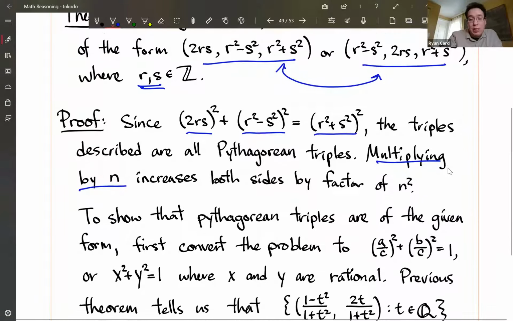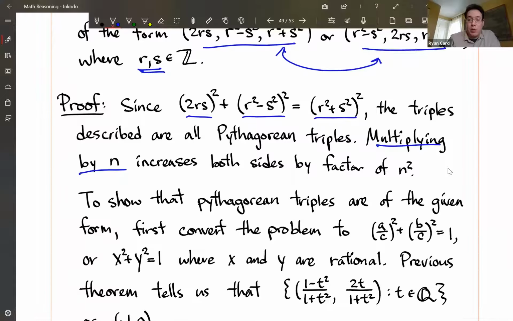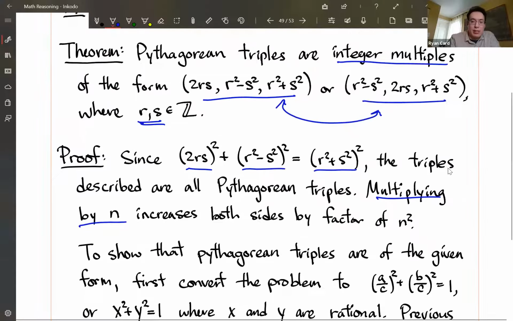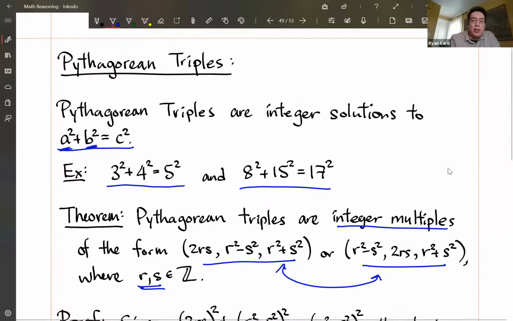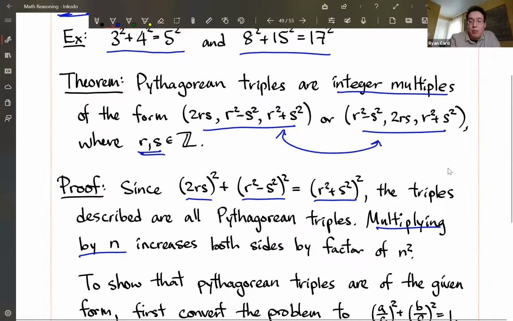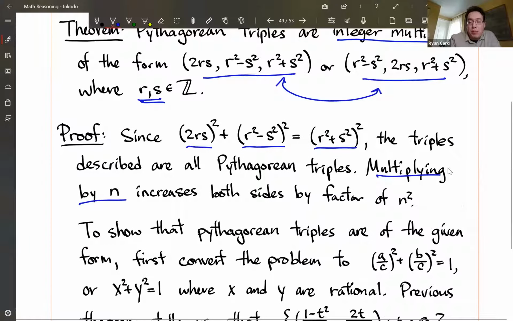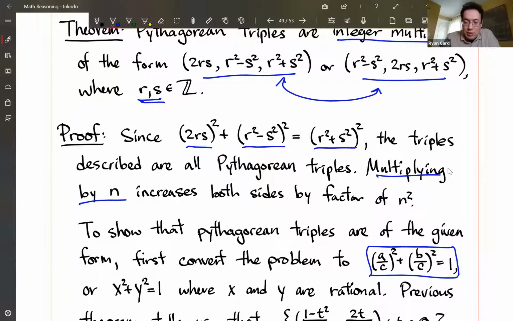Okay, so here's the genius of this problem. It first seems kind of intractable because we have to find three numbers, a, b, and c. But really, if you divide both sides of the equation by c squared, we'll transform the problem into something with two variables, x squared plus y squared equals 1.